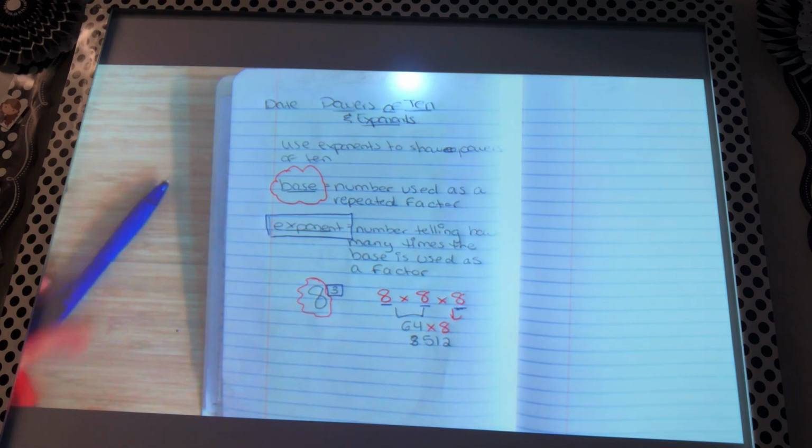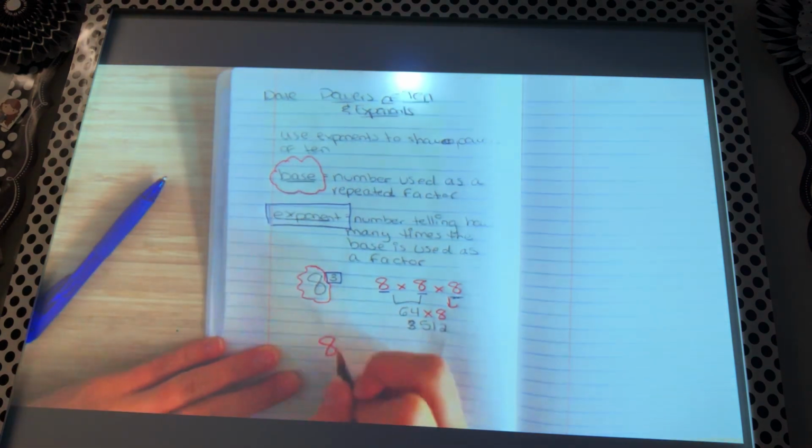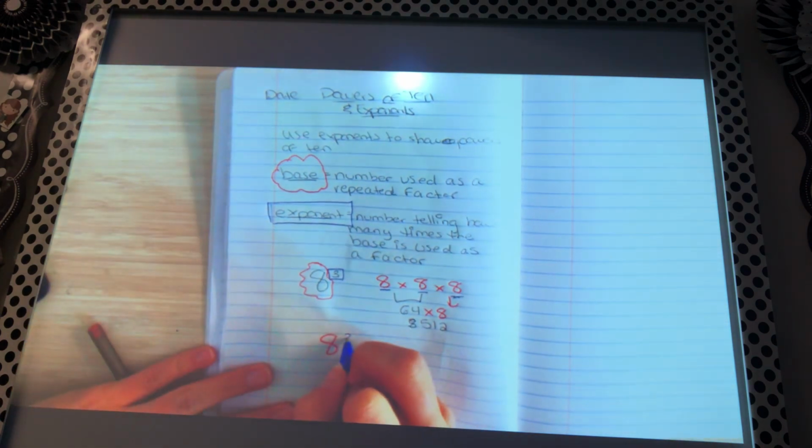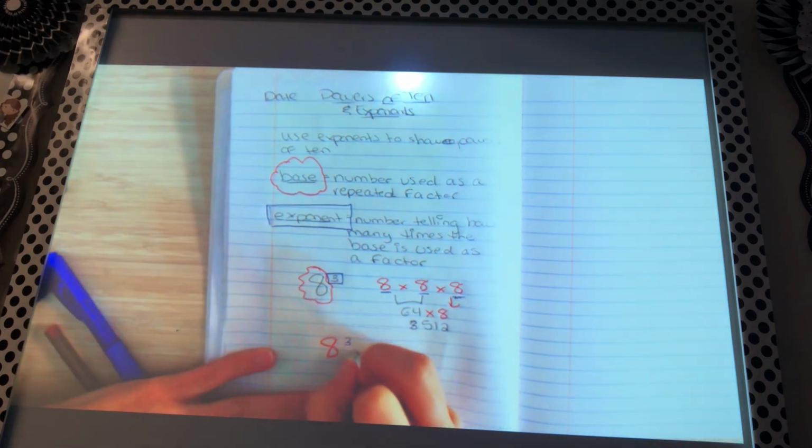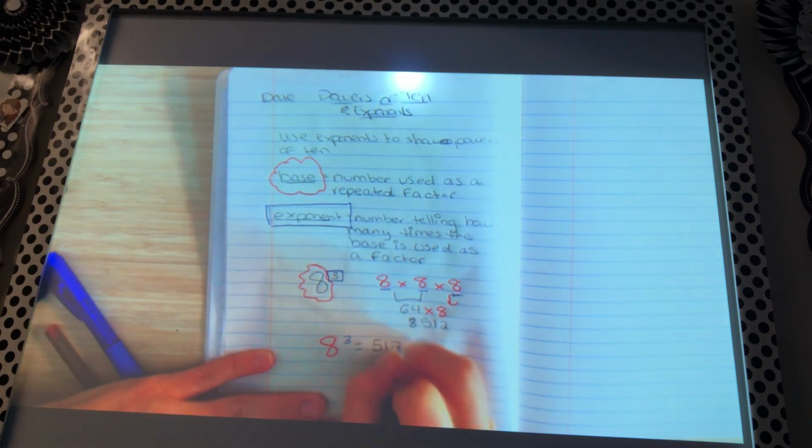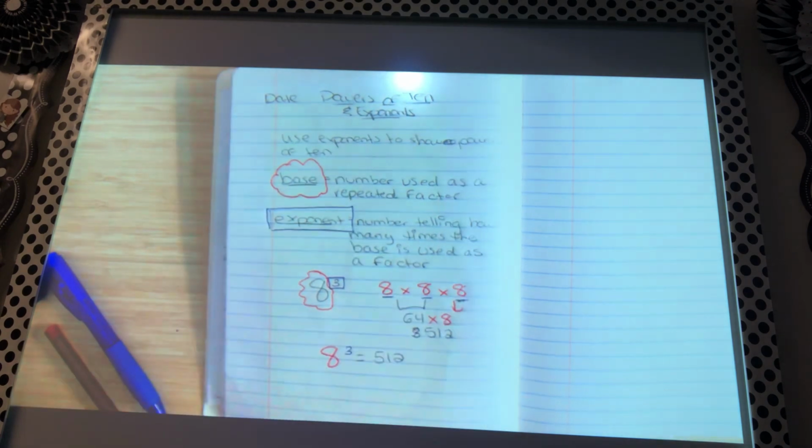So that means that 8 to the third power equals 512. 8 times 8 times 8.